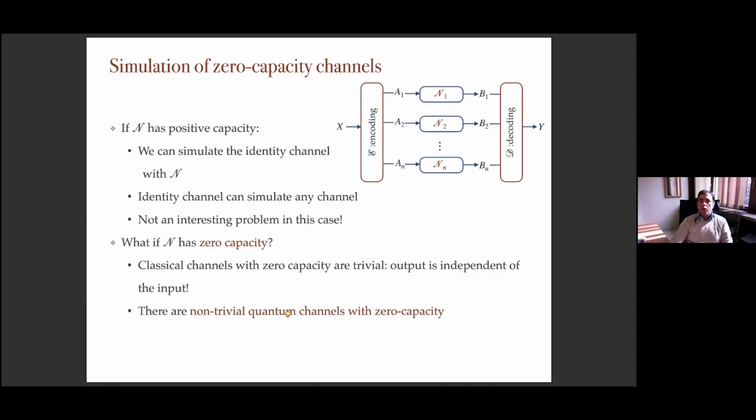So I'm assuming that both my source channel N and the target channel M have 0 capacity and they are quantum channels. And the point is that we have non-trivial quantum channels with 0 capacity. By non-trivial, I mean there are quantum channels for which the correlation between their input and output is non-zero, yet we cannot use that correlation to produce a communication channel, a quantum communication channel, I should say.